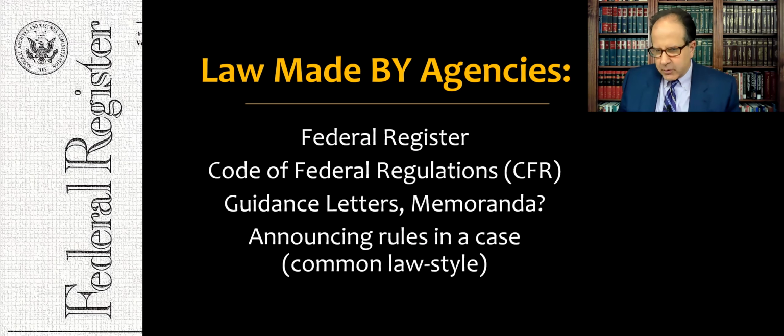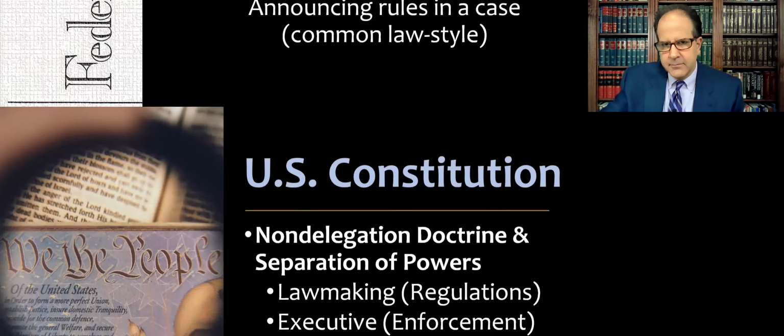So if the National Labor Relations Board wants to announce a new policy in a case and an enforcement action that they're bringing, they can do that subject to certain conditions and can announce policy going forward. So this is now how we are going to apply our statute or apply this rule to different cases. And this should be reminiscent to students of the common law judicial precedent system.